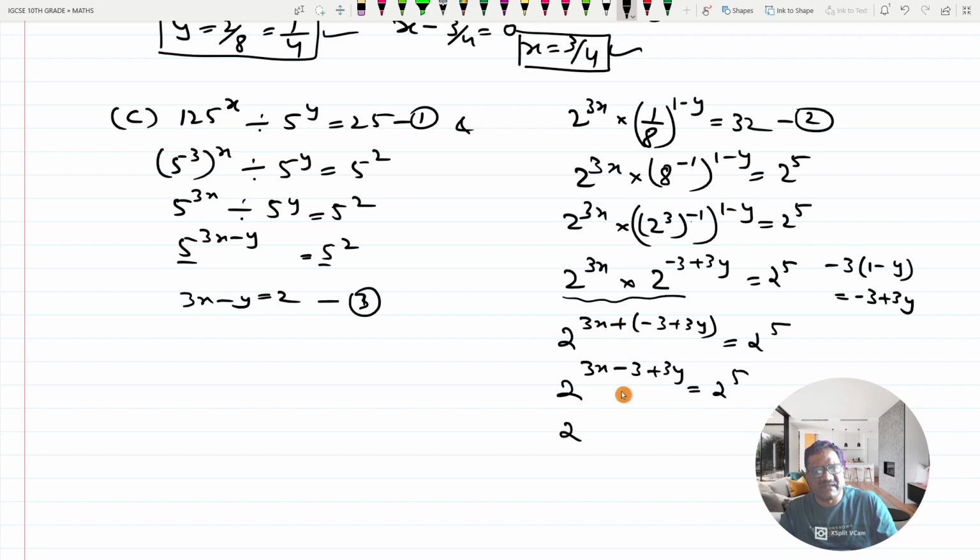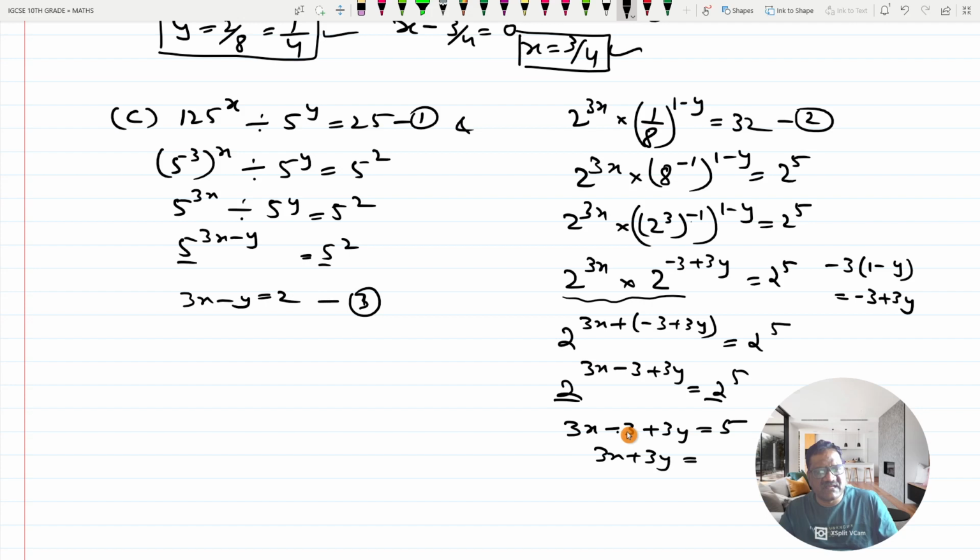Now because the bases are same, I can equate the powers. And if I do so, I can write the powers equation as 3x minus 3 plus 3y equal to 5. If I bring this 3 over here, 3x plus 3y equal to 5 plus 3, 8.